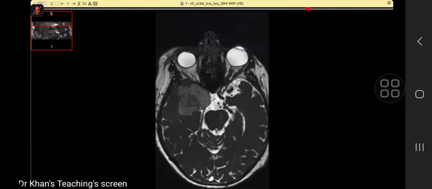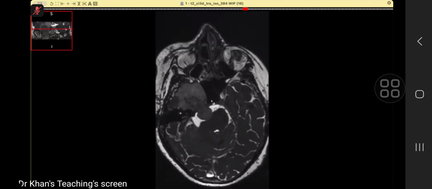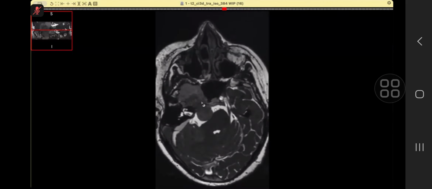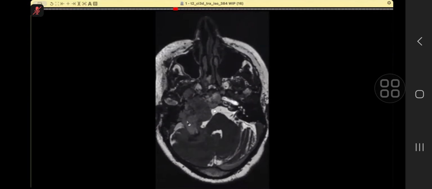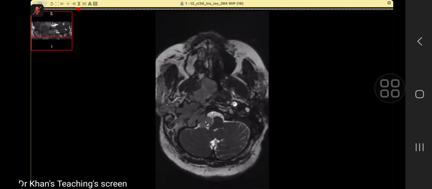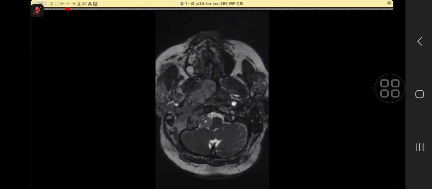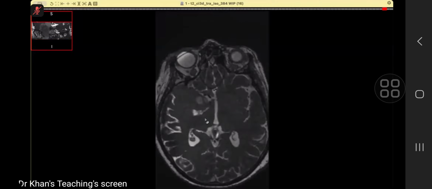And as we come down, the carotid artery, this is the normal side, and how it is going into the cavernous sinus, and it is destroying the petrous apex, going posteriorly, going into the jugular foramen, and going here inferiorly. And this is the hypoglossal foramen, where it is completely destroying.